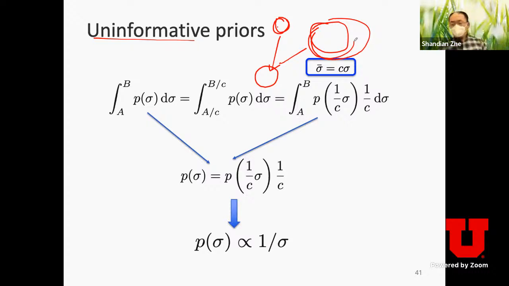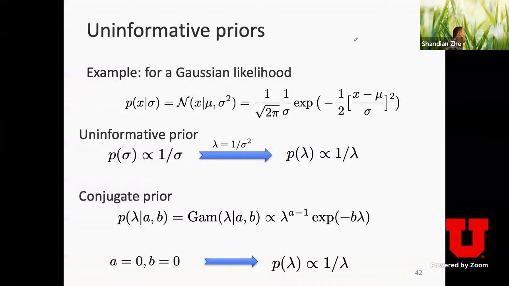Again, we're going to use one detailed instance. We use this Gaussian likelihood again, but now we assume mu is fixed. The mean is known and fixed, and we want to find a prior over the standard deviation sigma. The likelihood takes the form 1 over sigma times an exponential of minus (x minus mu) over sigma, squared.